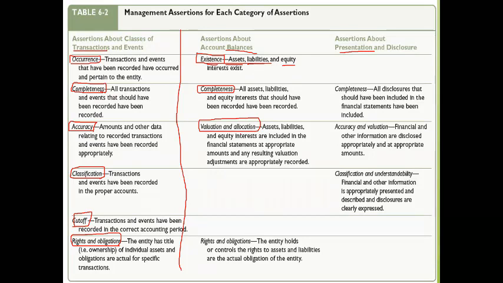Give me an example of an allocation. For example, whenever you are calculating depreciation for an asset, based on the straight line method it will include cost minus salvage value over useful life.